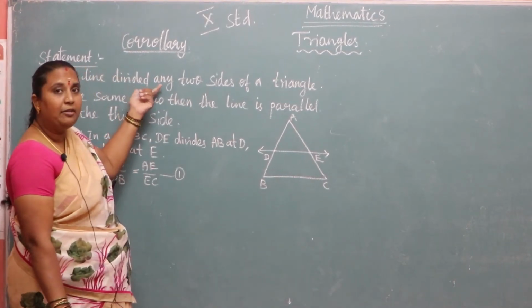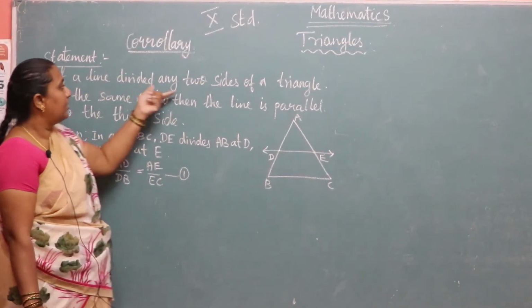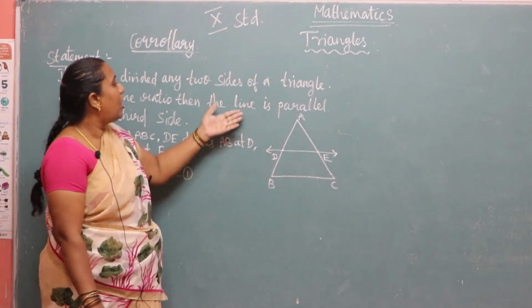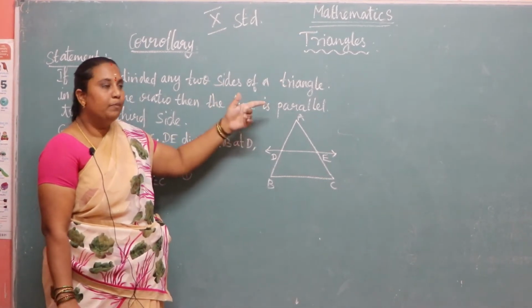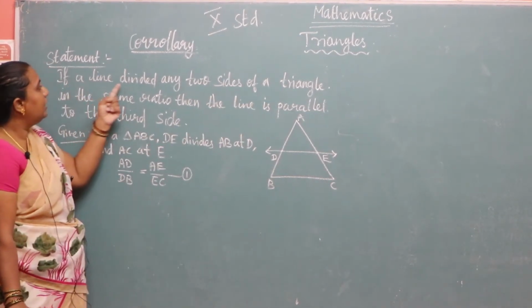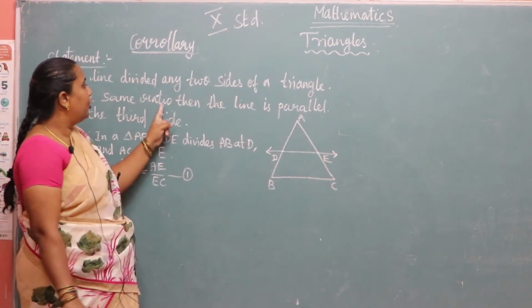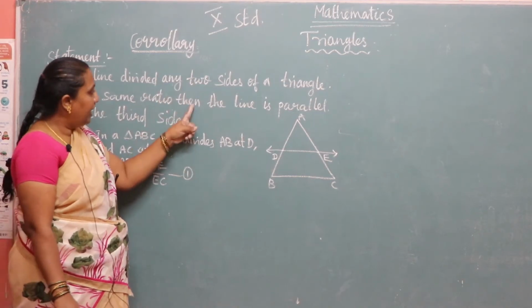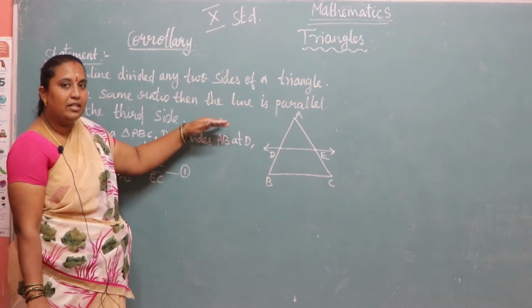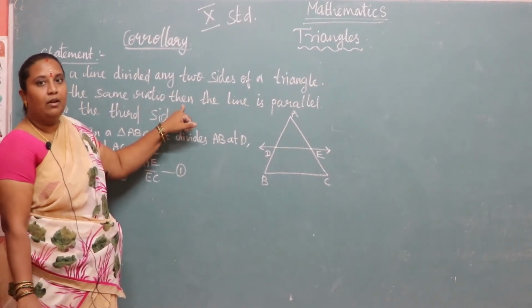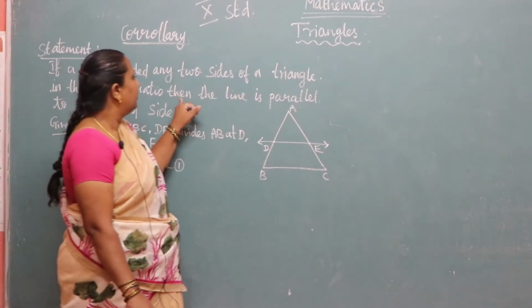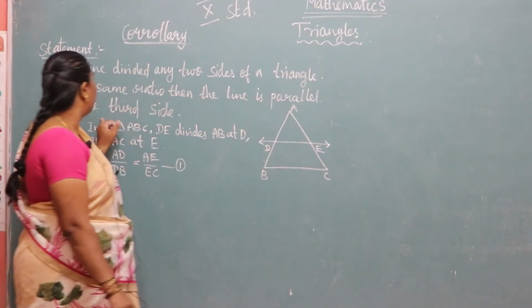See, in the statement, first it is given, and at last is the statement that we want to prove. See once again, if a line divided any two sides of a triangle in the same ratio, that is given. Then after the 'then' is what we want to prove: then the line is parallel to the third side.